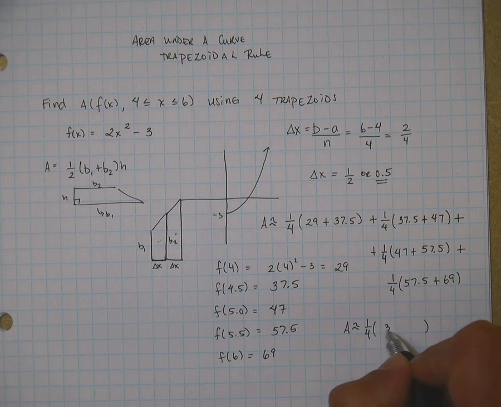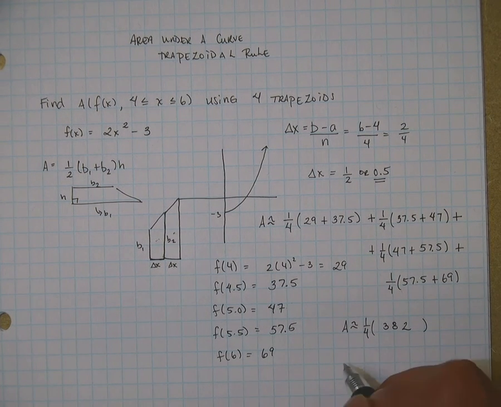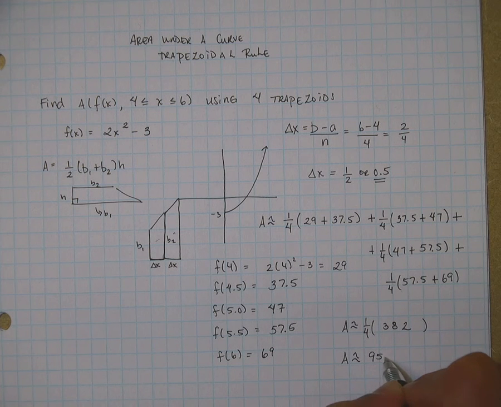It looks like 382. That's the total of all my heights. I just did the shortcut; if you want to do it one by one, that's perfectly fine. And 1/4 of that, the area is approximately 95.5 units squared.